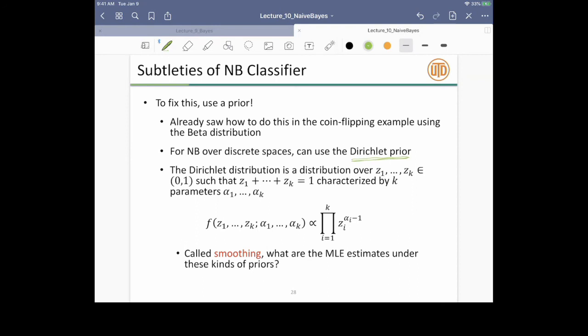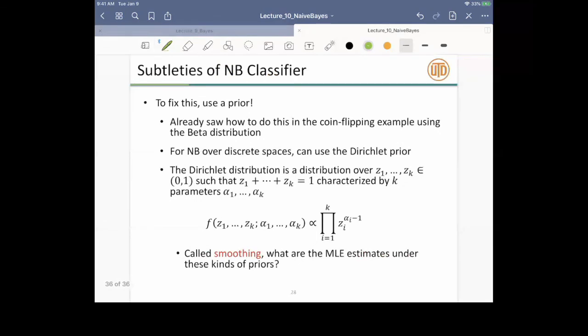In the coin flipping case we had a beta distribution. For naive Bayes over discrete spaces, we should use a Dirichlet prior, and this is the distribution of the Dirichlet prior.